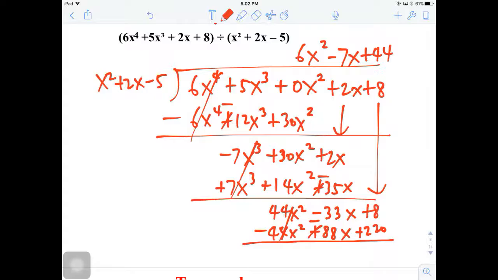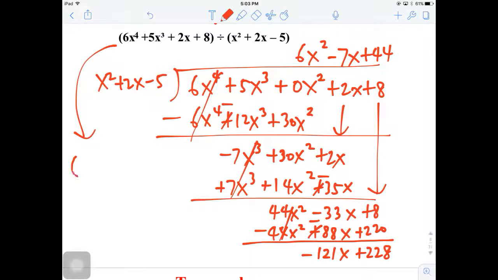And yeah, because 44 times 2 is 88 positive, but I need to change that sign now. So we have a negative 121x and then plus 228 as the remainder. So I'm going to write the answer right here.